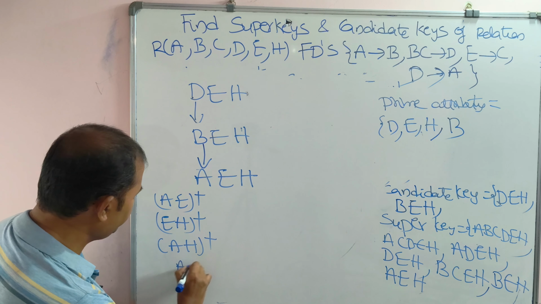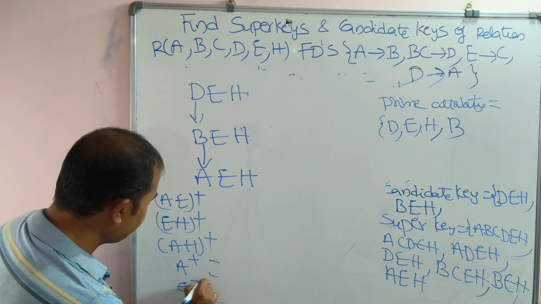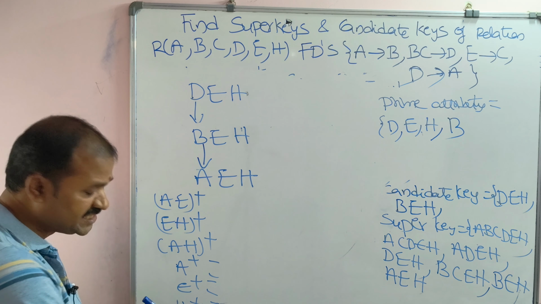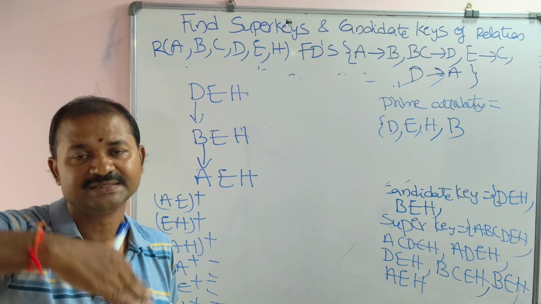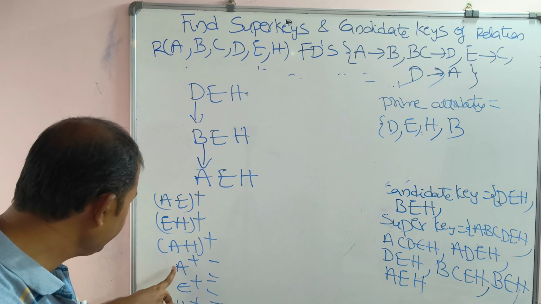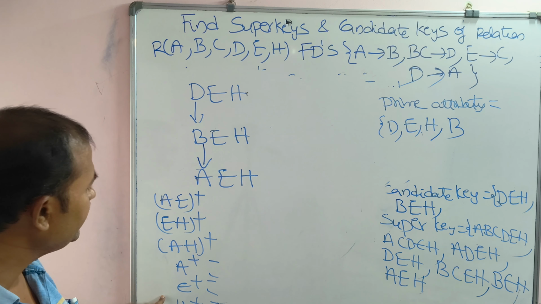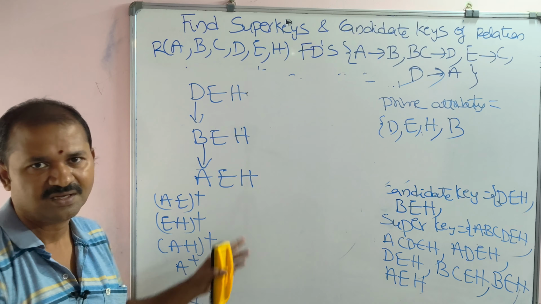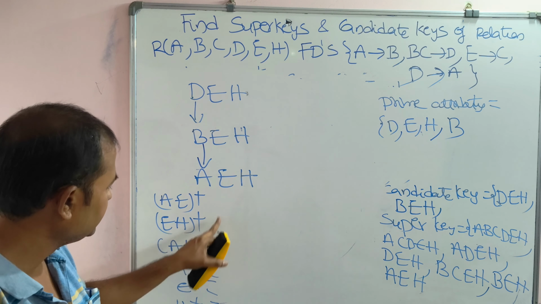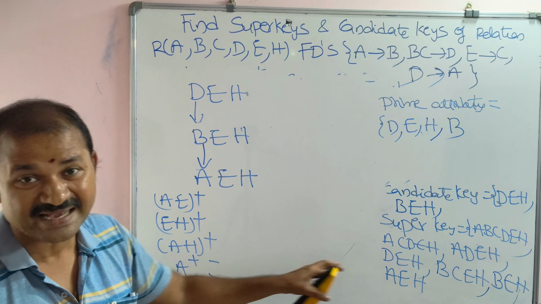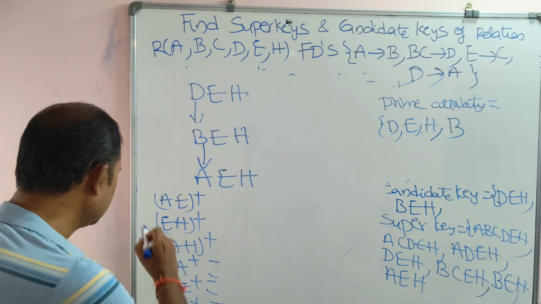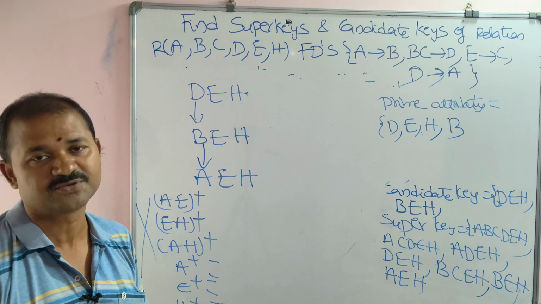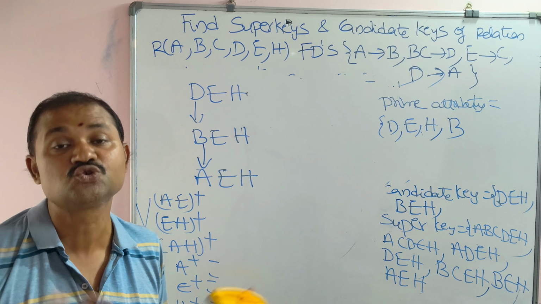Next, with 1 attribute: suppose if one attribute key is determining all the attributes, then we can say that this one attribute key is the candidate key rather than this one. But if you find the closure, all these keys don't determine all the attributes. So all these keys are not candidate keys.